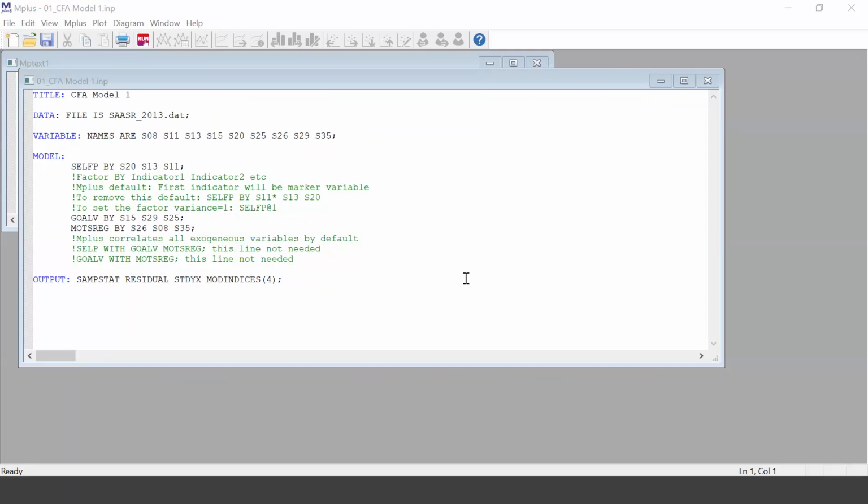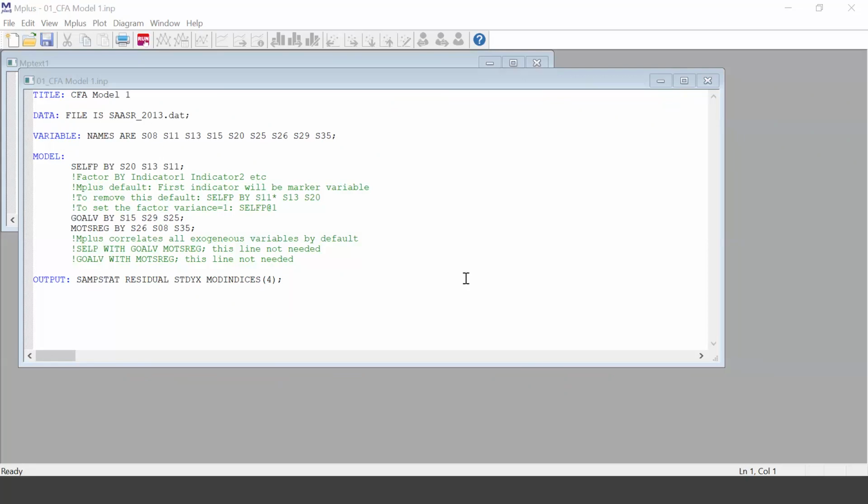So you can see I gave a title here, CFA Model 1. The data, I just say file is sasr_2013.dat. That is where my data are housed. And then in the variable command, I need to say names are, and I need to give names for each of my variables.